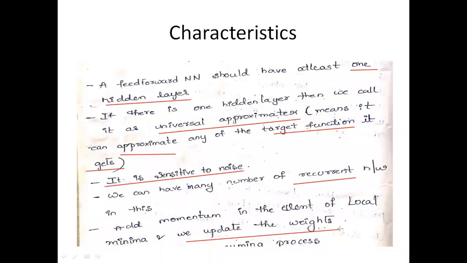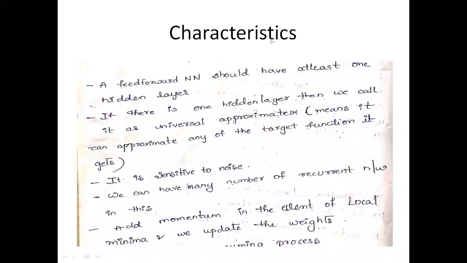Okay, so that is the next point. And the last point is that it is a time-consuming network, it takes more time to process things. Okay, these are some of the characteristics of multi-layer feed-forward networks. Thank you.